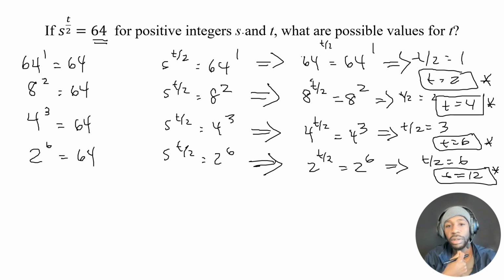These are the most obvious ones. If these are equal to 64, for positive integers, if s equals s to the t over 2.